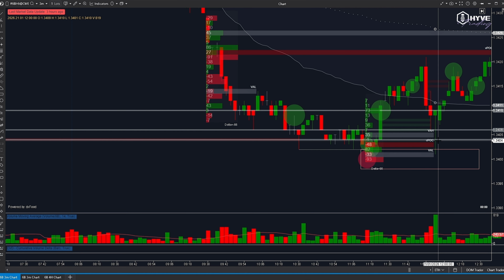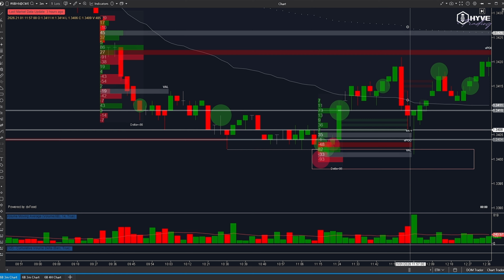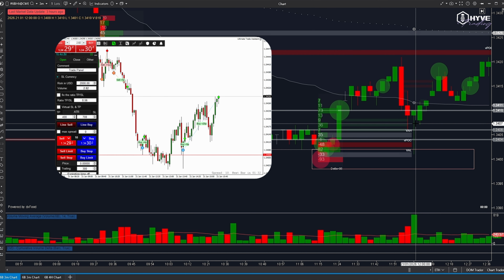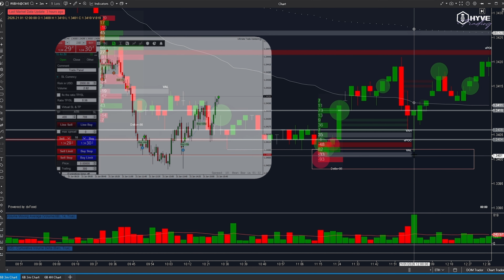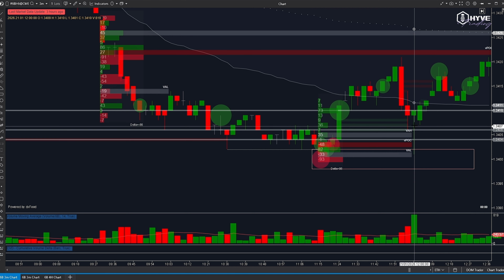This is buyers getting aggressive. All that selling volume was absolutely absorbed. And guess what? I was one of those buyers. So my entry was right here. As soon as price started to close back and trade back above, I knew these buyers were happy to take liquidity from sellers.